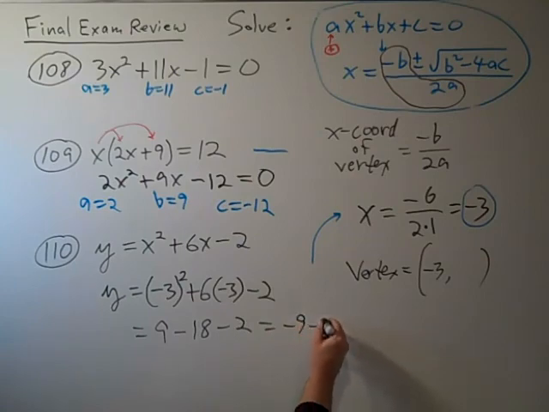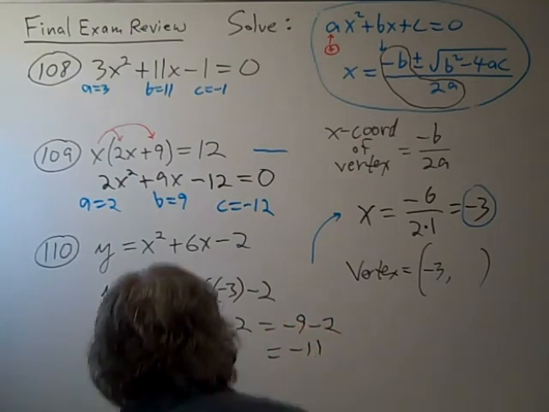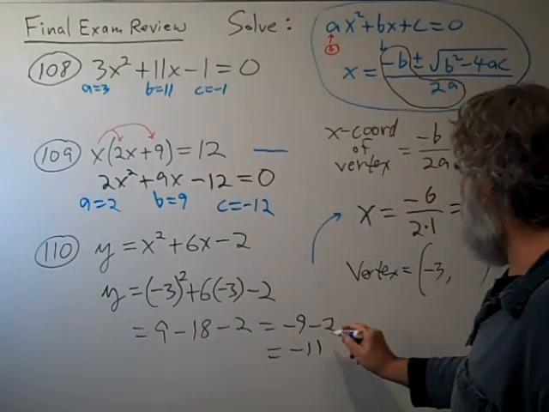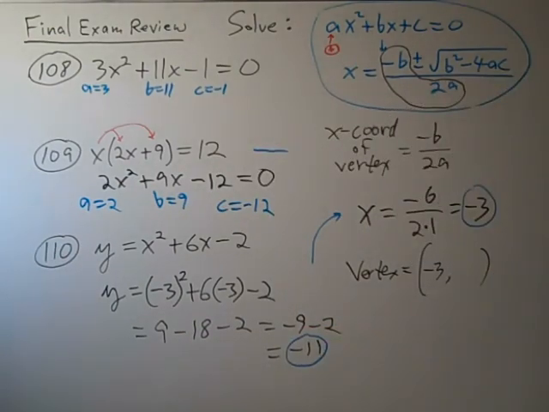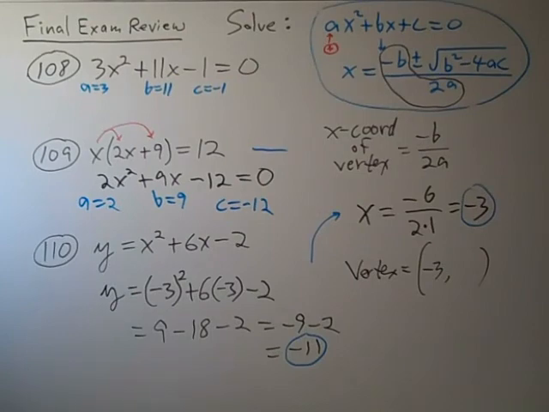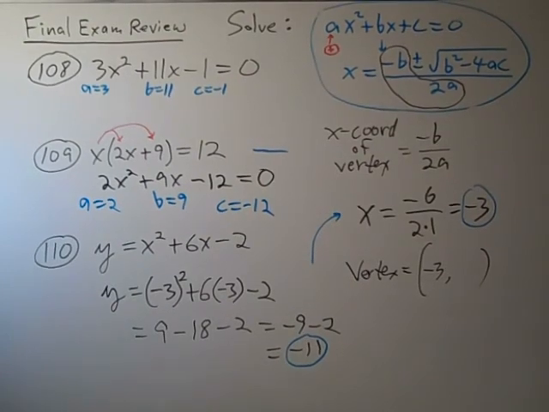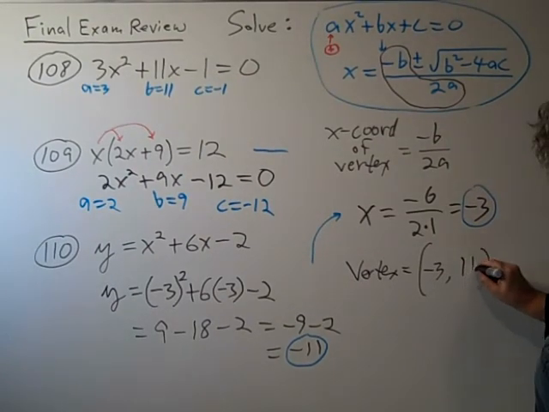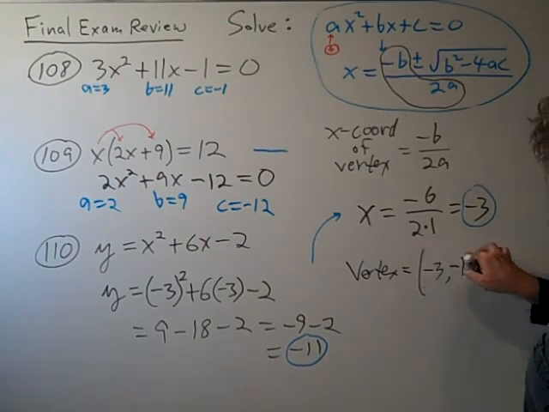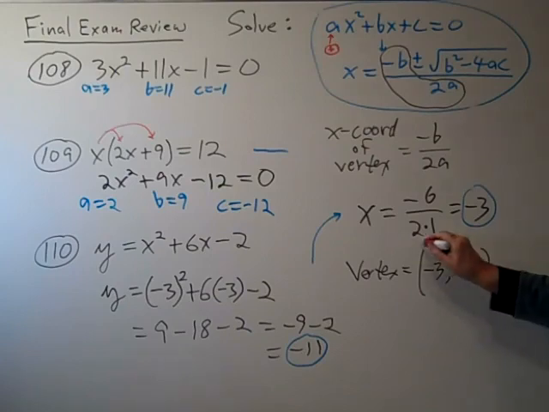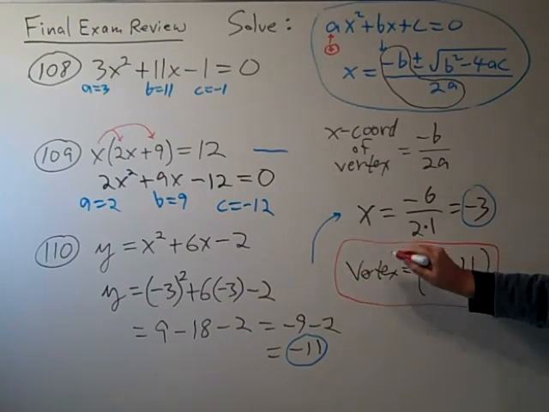That's negative 9, minus 2. That's negative 11. So y equals negative 11. And that's our y-coordinate. So here we have the vertex, the x and y coordinates of the vertex of this parabola.